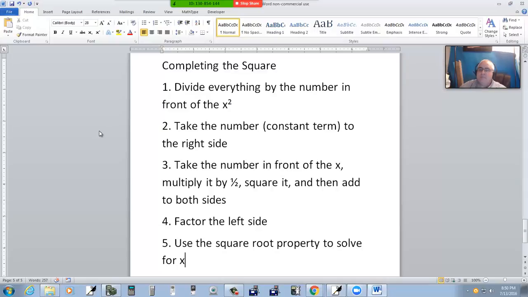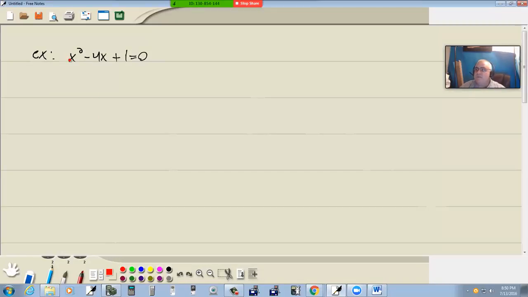Step 1. Divide everything by the number in front of the x squared. There's no number in front of x squared. Step 2. Take the number, the constant term, to the right side. So I'm going to take the 1 and move it over. So we've got x squared minus 4x is equal to -1. Step 3. Take the number before the x, which is -4, and you do this over on the side.